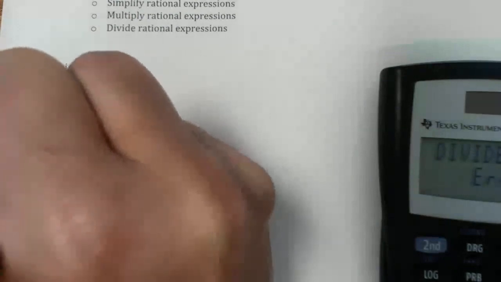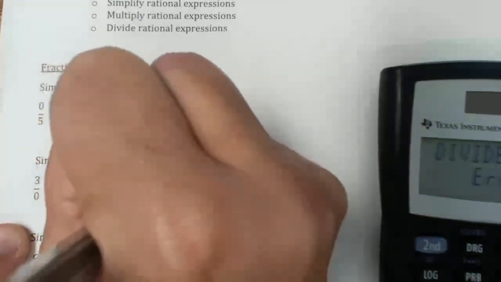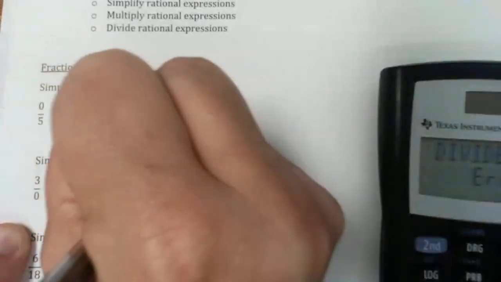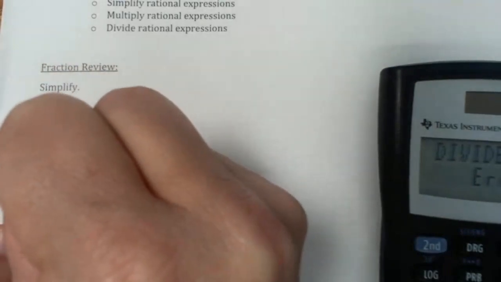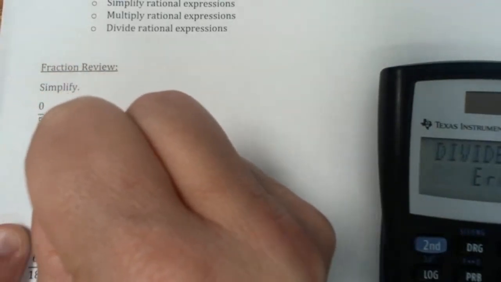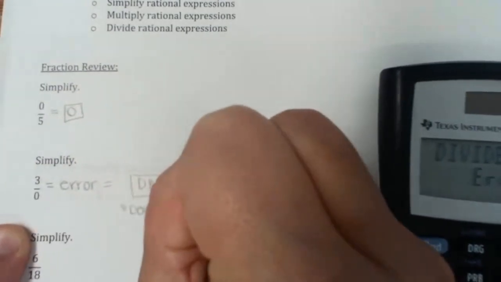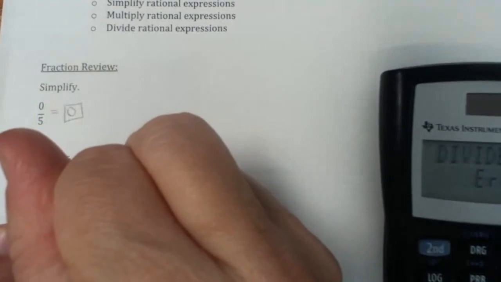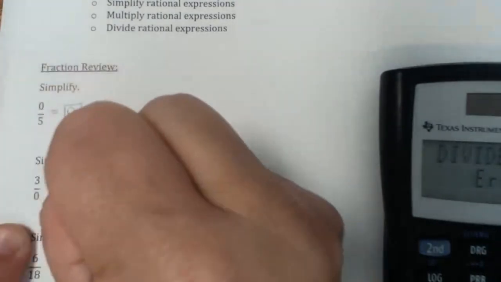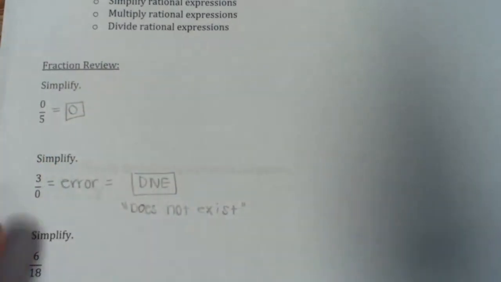So it says error, which in this course we're going to label as DNE, which means does not exist. And that's because we cannot divide by 0.